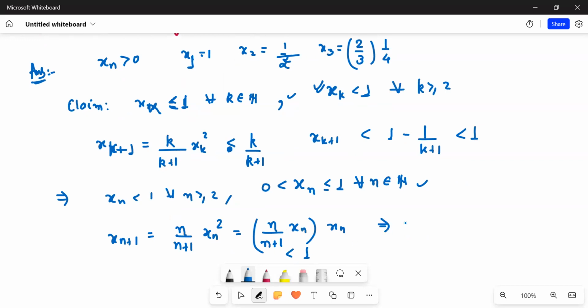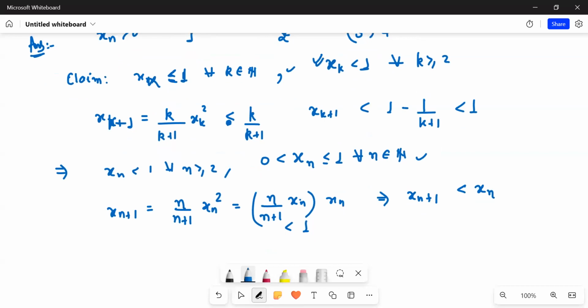So I can ultimately write that my xn plus 1 would be less than xn. See, this is already less than 1. Understand, xn has been given less than or equal to 1 in general, but otherwise for all n greater than or equal to 2, it is less than 1 only. So this is less than 1, this is less than 1. Xn plus 1 in any case would be less than xn. I hope it is clear.